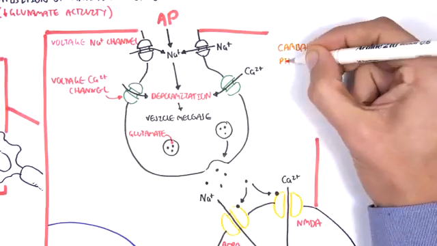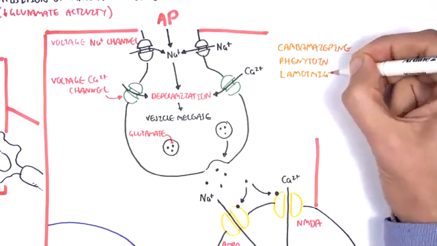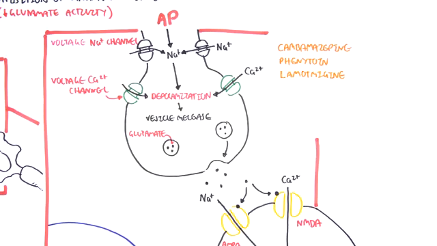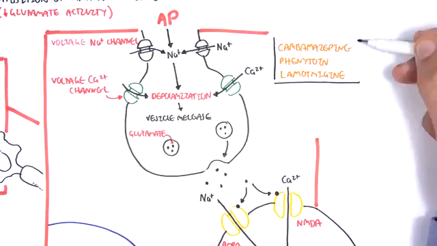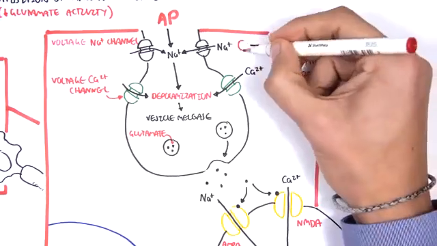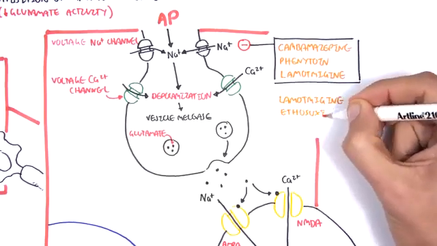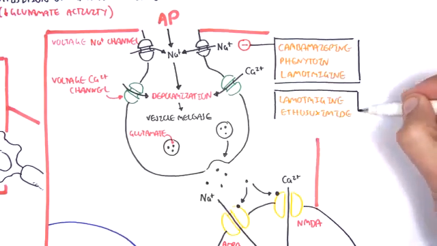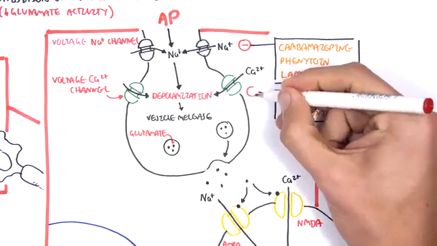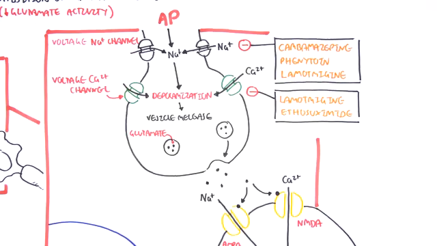So if we were to draw those drugs in respect to this diagram, we have carbamazepine, phenytoin, and lamotrigine, which will inhibit the sodium voltage channels here, thus inhibiting depolarization. And then we have lamotrigine and ethosuximide, which will inhibit the calcium voltage-gated channels, also inhibiting depolarization.